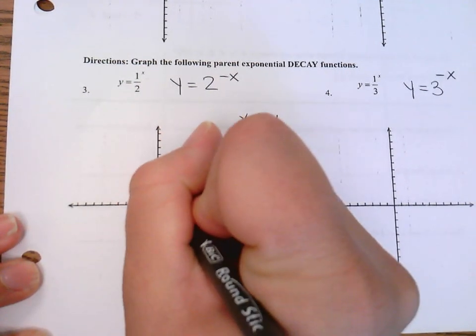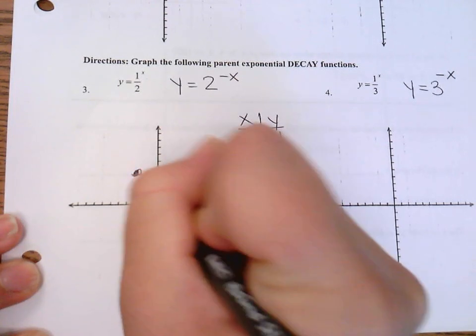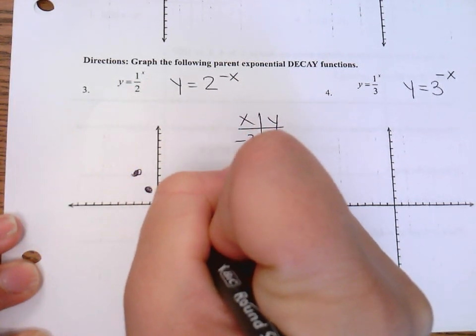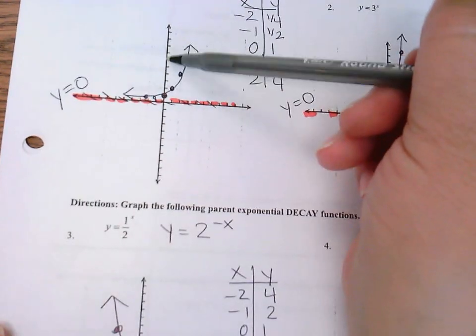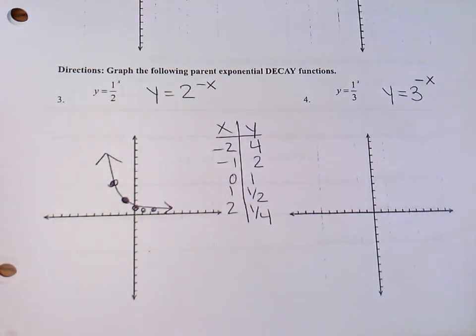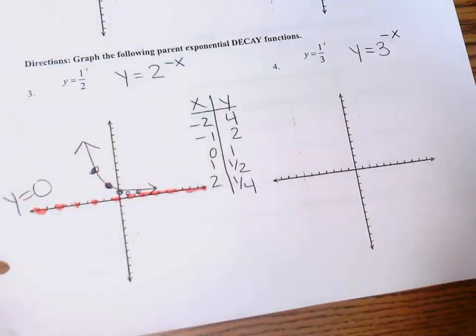So (-2, 4), and then (-1, 2), (0, 1), (1, 1/2), (2, 1/4). It's that same graph that we just did up here, but it's been flipped over the y-axis. And here's my still asymptote at y equals 0.